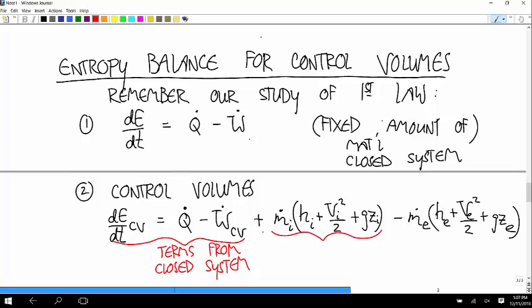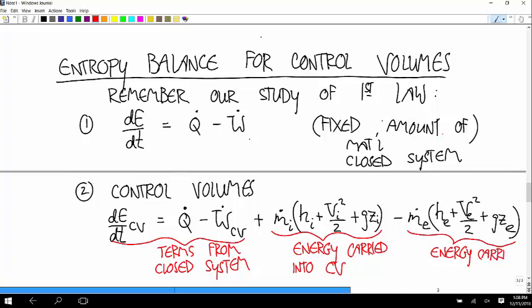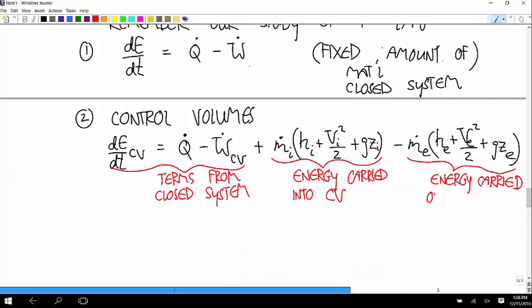And then we added on to that the energy carried into the control volume, and we subtracted off the energy carried out of the control volume.